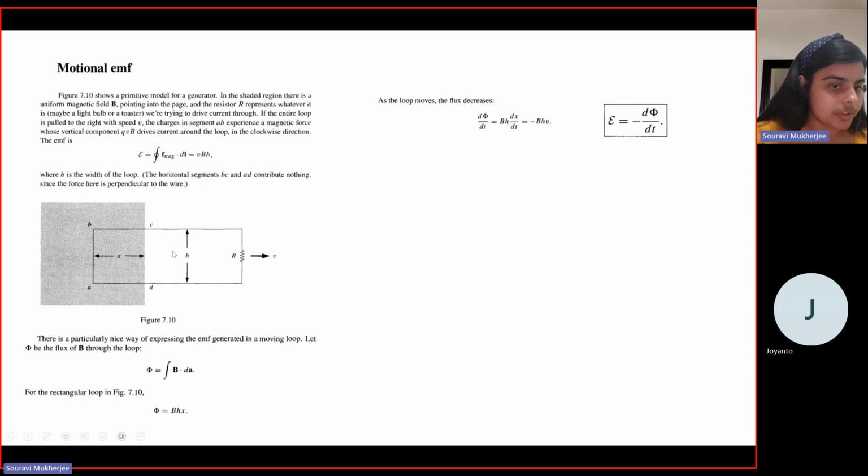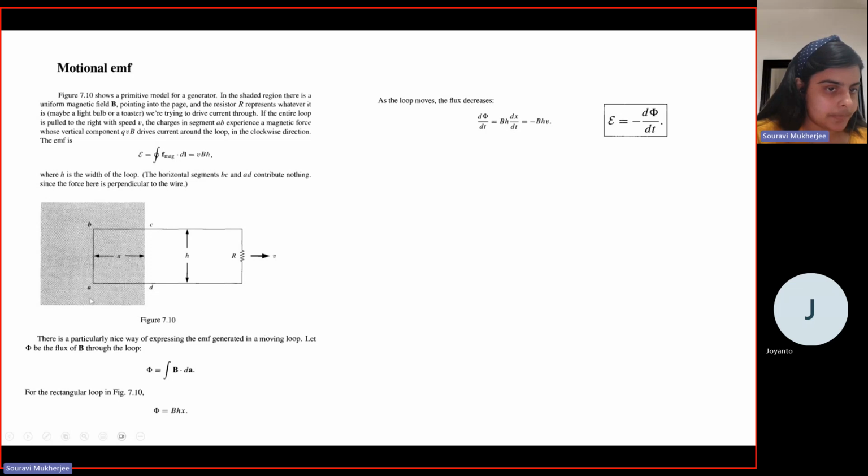Now let us look at it from the other point of view, which is the flux that is linked to this loop. If the magnetic field is B, then the flux linked through the loop is given as B dot dA, a surface integral over the entire region that is inside the magnetic field.